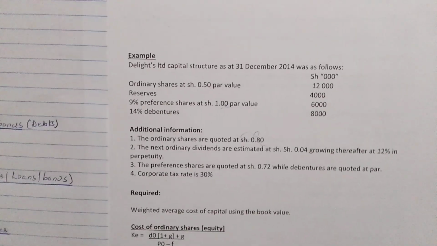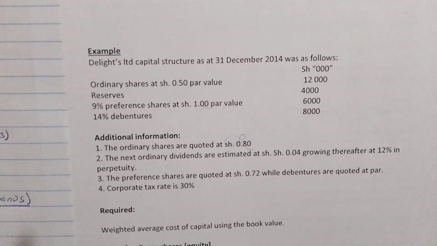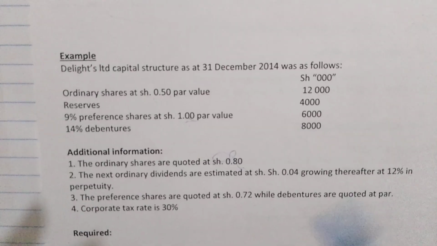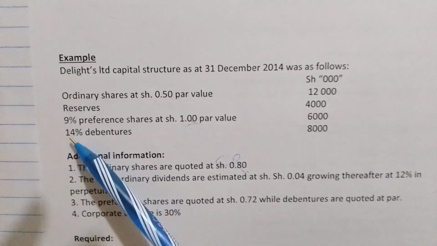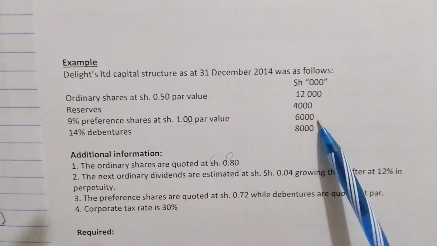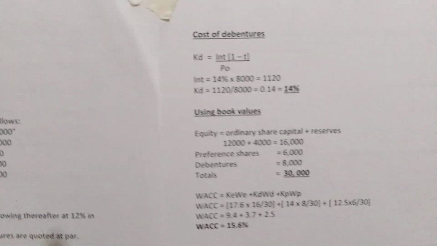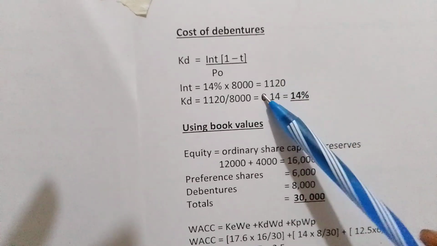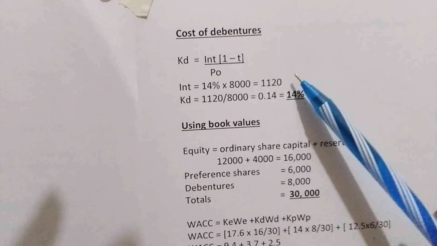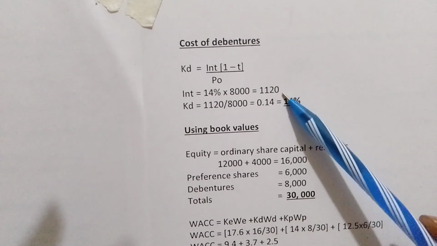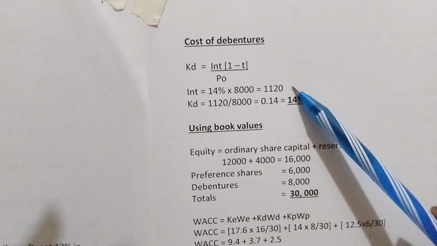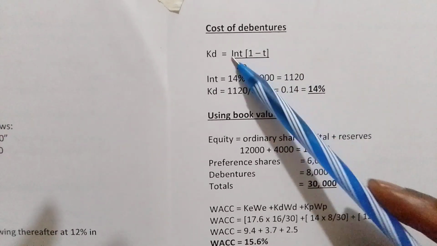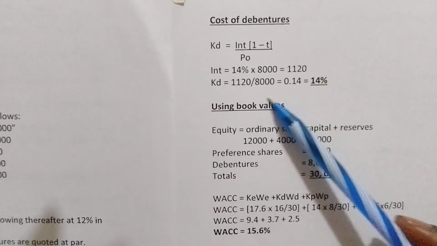Debentures or debts, we've said that what you pay is interest, not dividends. So 14% of 8,000, you get 1120. I've said that you can multiply this one by 1 minus t, that is 1 minus 0.3. That's okay, no problem, but I have ignored the tax shield.